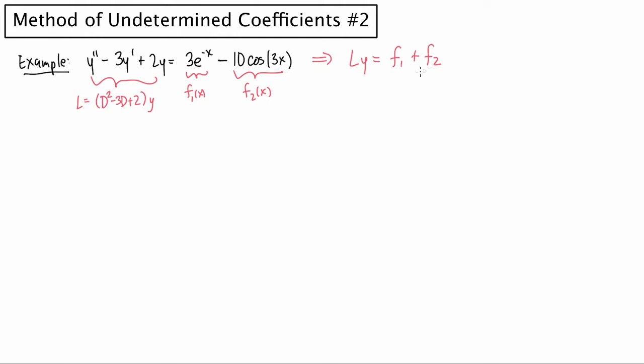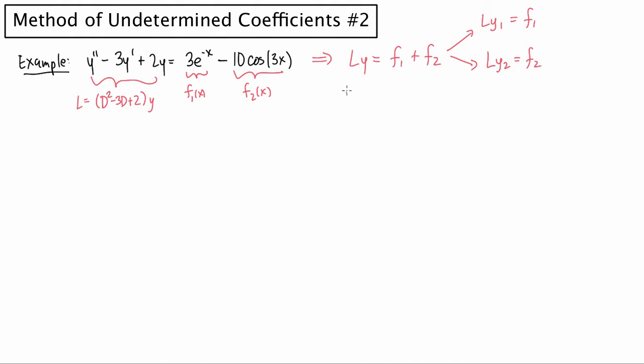Now, what is our strategy for trying to solve this? It turns out the strategy is pretty simple. I'm going to find one solution y1 such that Ly1 equals f1, and a different solution y2 such that Ly2 equals f2. In other words, I'm going to have to solve two problems here.